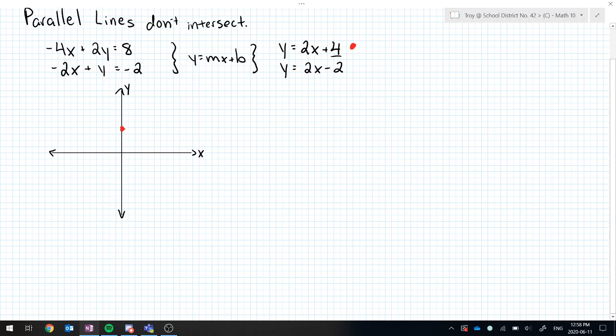That's my first point, that's my y-intercept. And it has a slope of 2. So it's a rise of 2 and a run of 1. So I'll go up 1, 2, go over 1. That's my second point. So I got 2 points there, which means I can draw my line in. So it's going to look a little something like that.